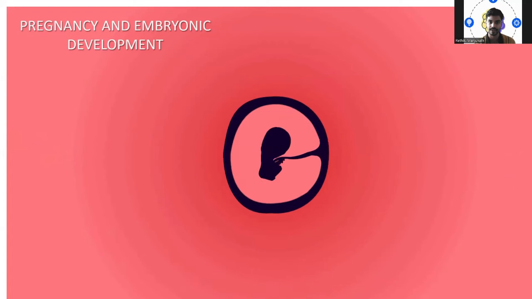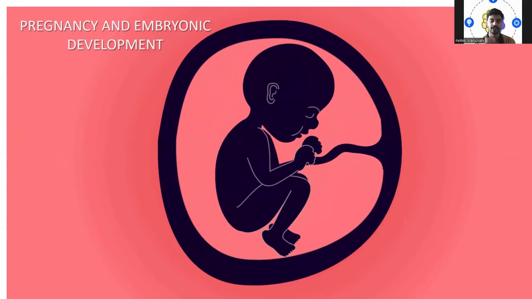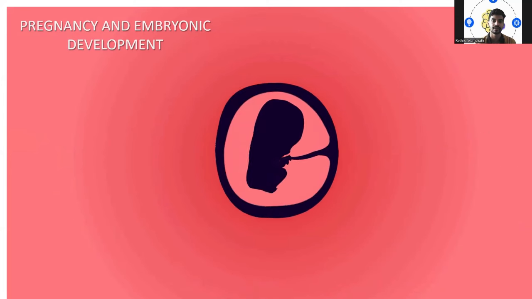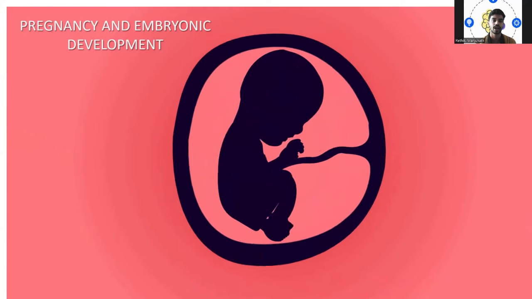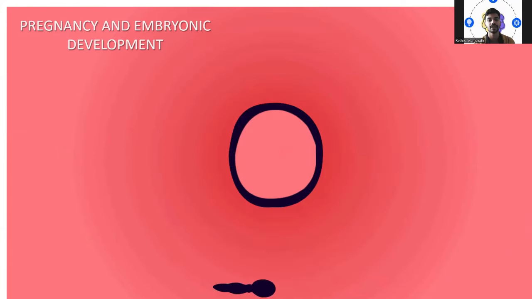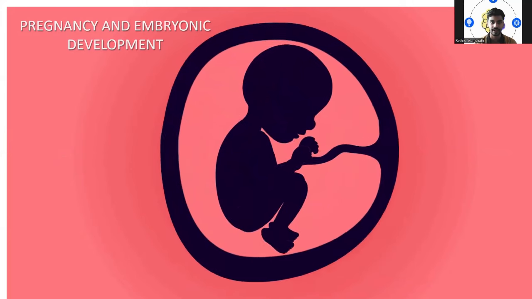So that is what we have studied. Another thing was the initial development of the blastocyst, how it has been attached and where it has been attached. Where exactly the fusion of the sperm and ovum happens, everything was studied in detail, and we even discussed some of the questions which were asked in previous NEET exams.